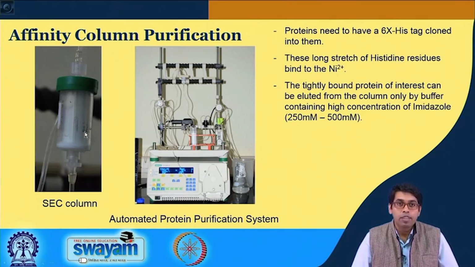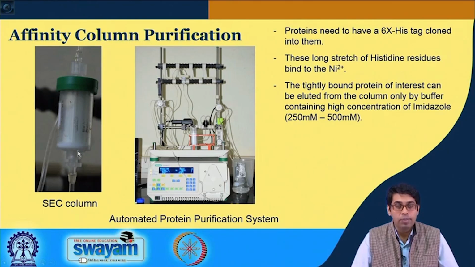So, beads are used on which nickel ions are immobilized, and if you add your cell lysate into this column, only your protein will bind because it has this 6 histidine and all other proteins will flow out.